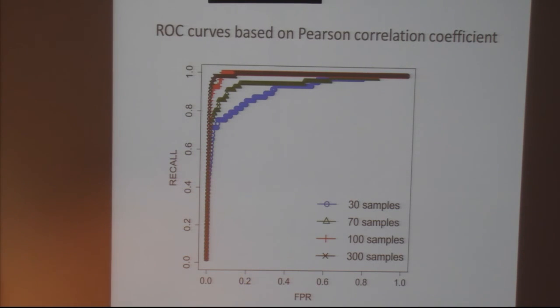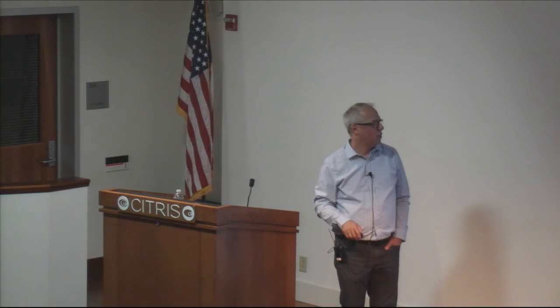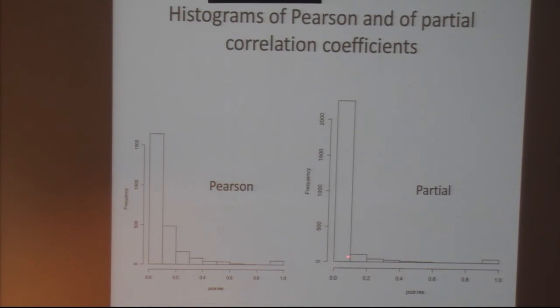Yeah? But we need to eventually take a decision which edges in the network are real and which are only induced edges. So when we look at the distribution of the classical correlation coefficient and at the distribution of the partial correlation coefficient, in the partial correlation coefficient, we have this set of edges that have a very, very high, almost one correlation coefficient of almost 1.